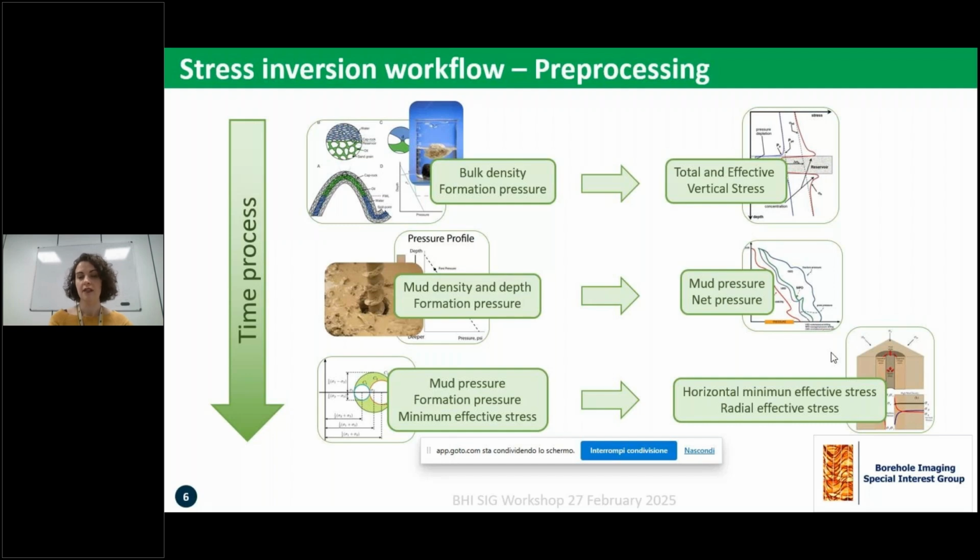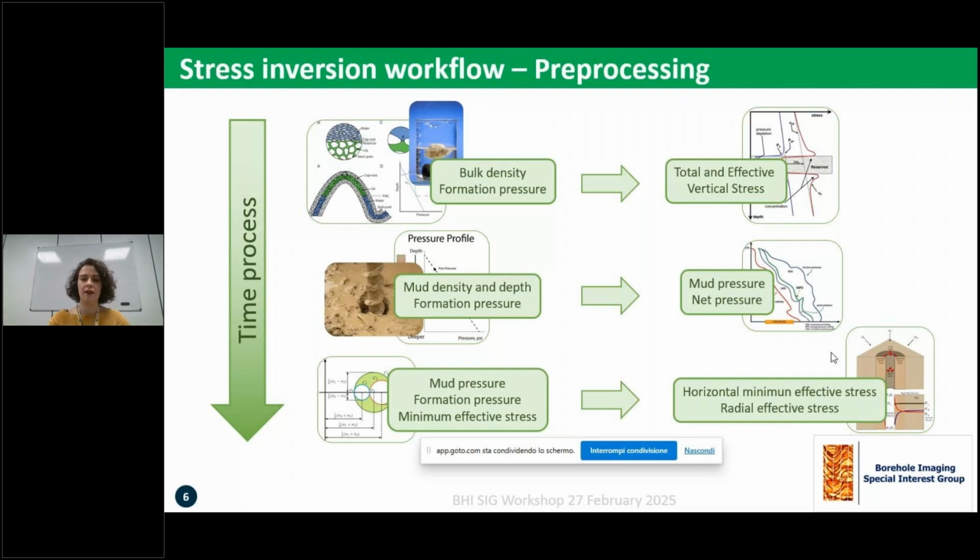In particular, the integral of bulk density versus the true vertical depth provides the total vertical stress. Then by subtracting the formation pressure from this quantity, we also obtain the effective vertical stress.